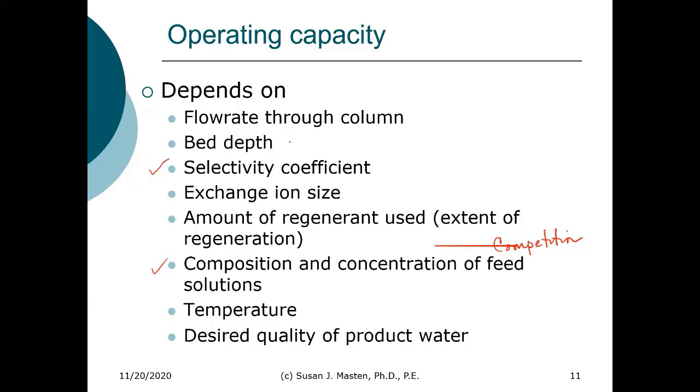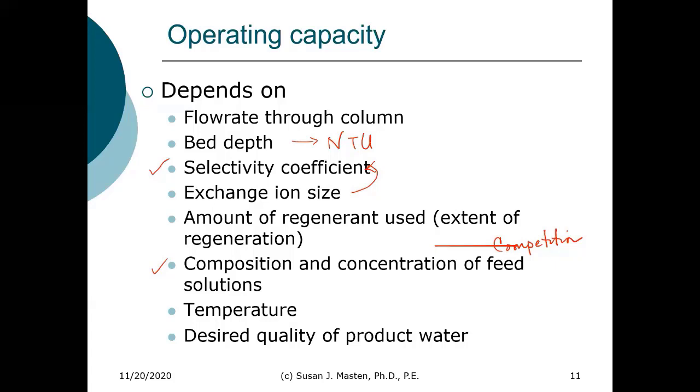It's a function of the bed depth. And there, we talked about the number of transfer units. So bed depth is related to the number of transfer units. The more transfer units, the better removal. Ion exchange, the exchange ion size, that's going to affect your selectivity coefficient.